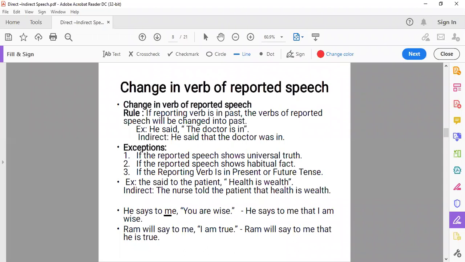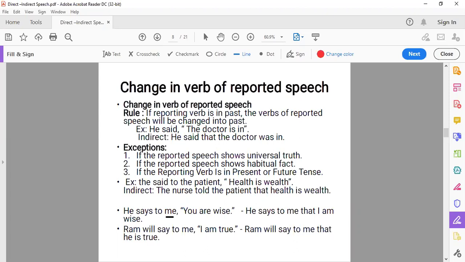He says to me, you are wise. He says to me should be changed into tells me. Please make the correction here, it is written wrong. He tells me that I am wise. The second person you changes with the object.